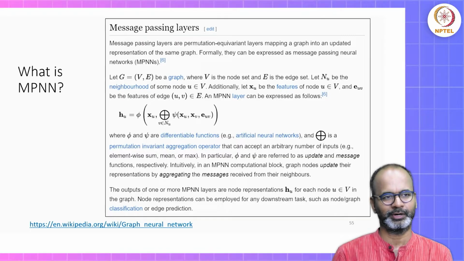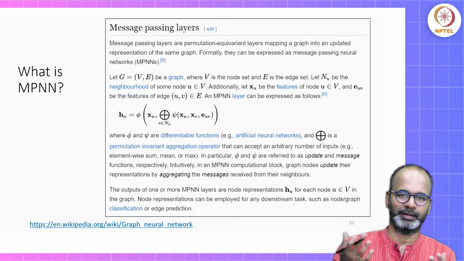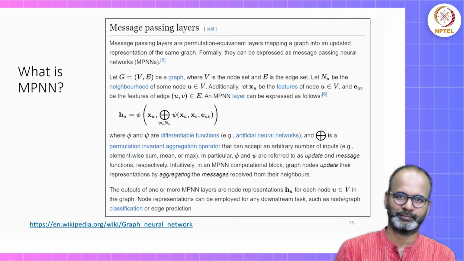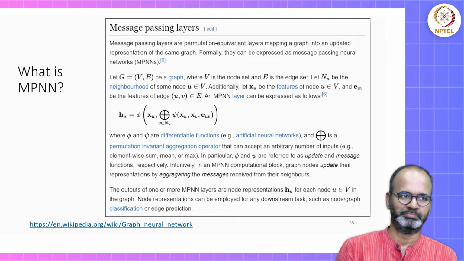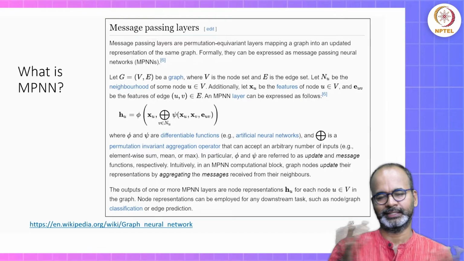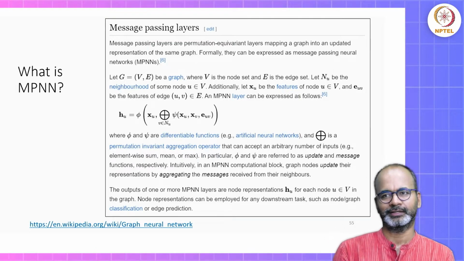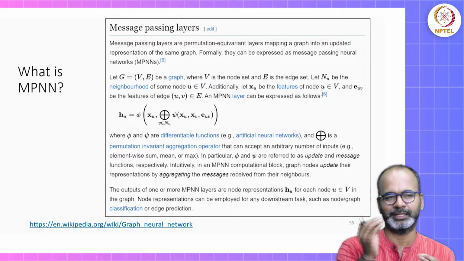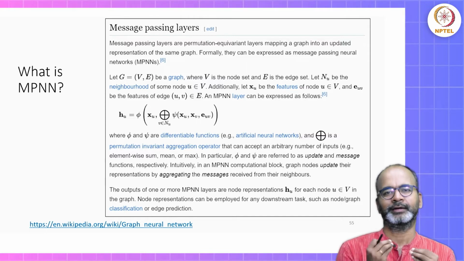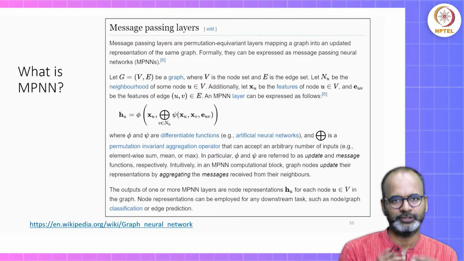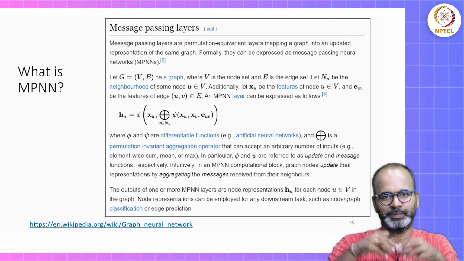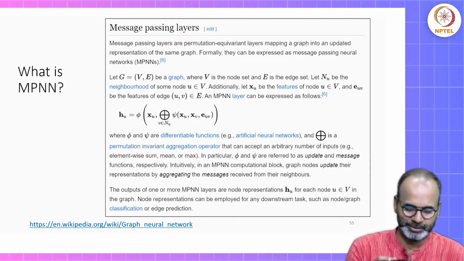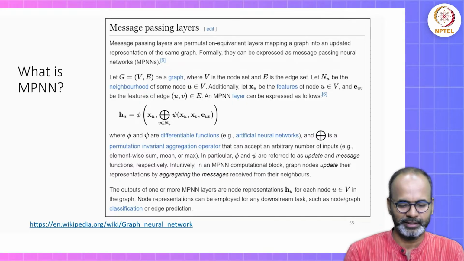Take your Twitter network: you're influenced by the neighbors in your network. In your society, certain things you do are very similar to what your neighbors are doing. That's the message passing idea: a node's features come from its neighbors.